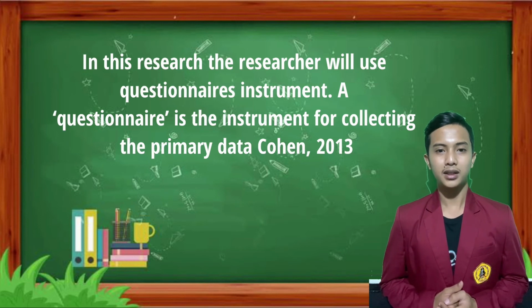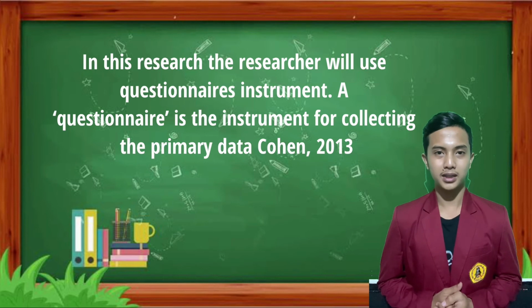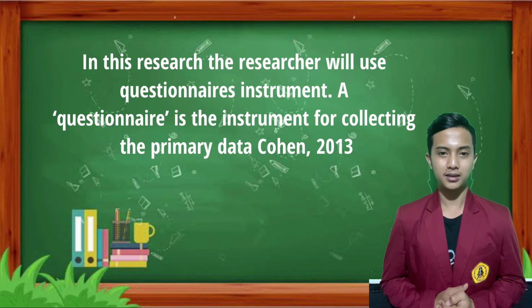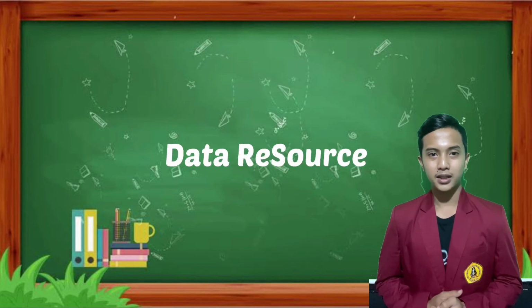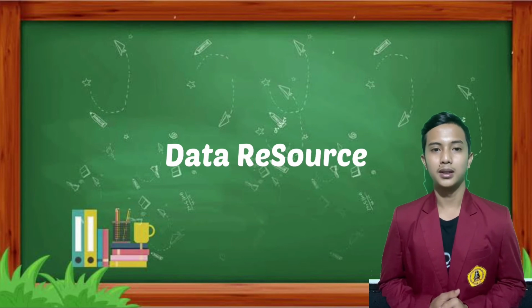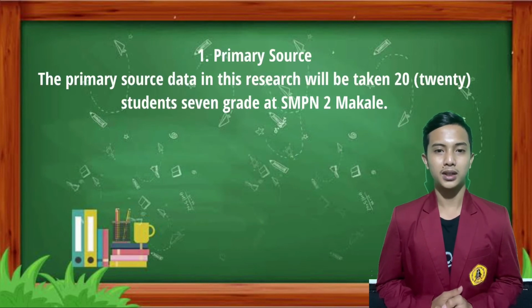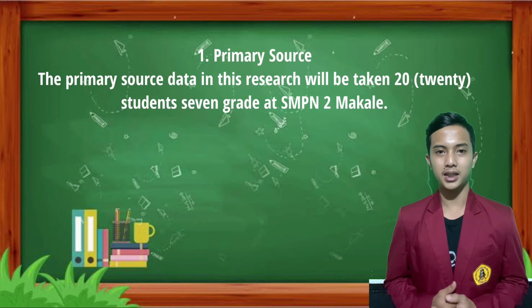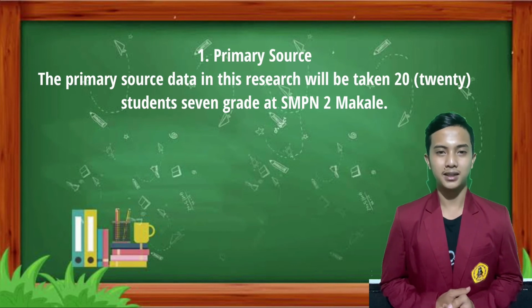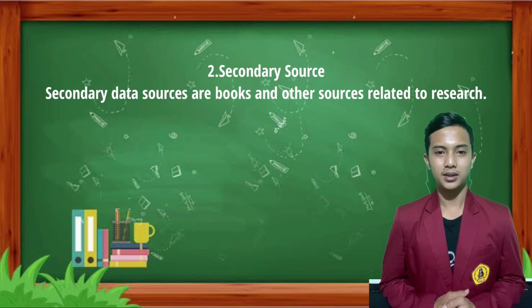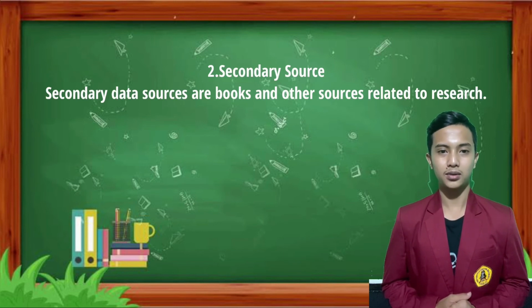A questionnaire is an instrument for collecting the primary data, Cohen 2013. 4. Data resource. 1. Primary source data in this research will be taken from 20 students of 7th grade at SMPN 2 Makale. 2. Secondary sources are books and other sources related to the research.